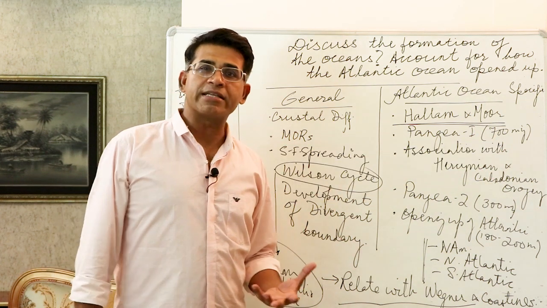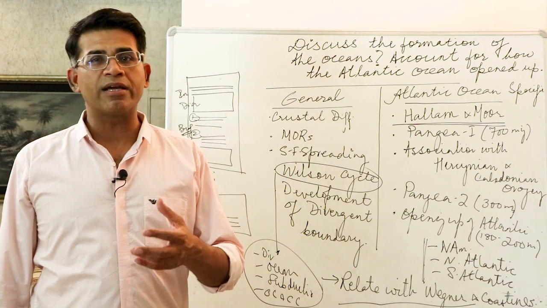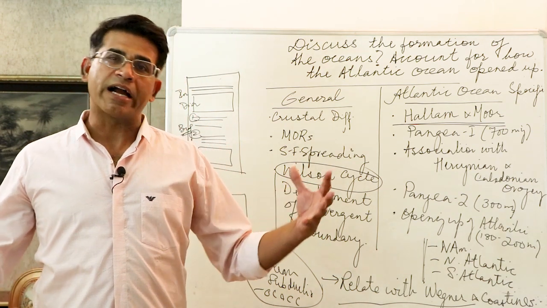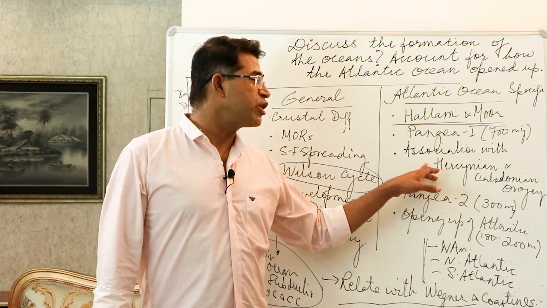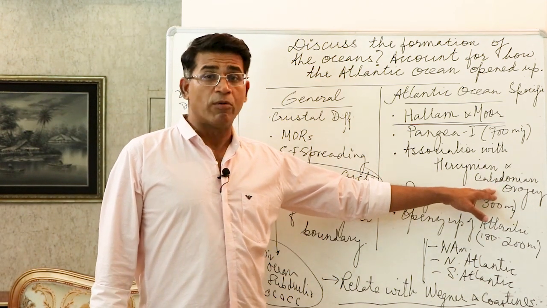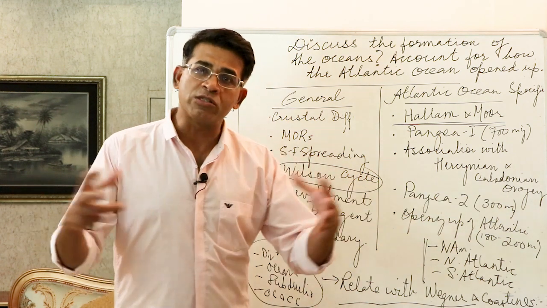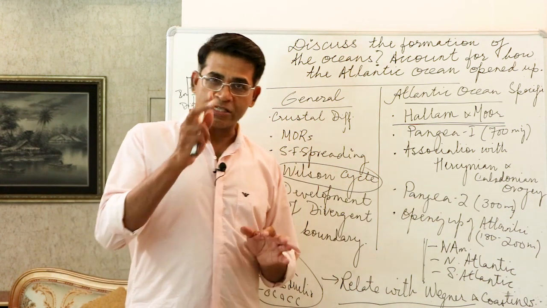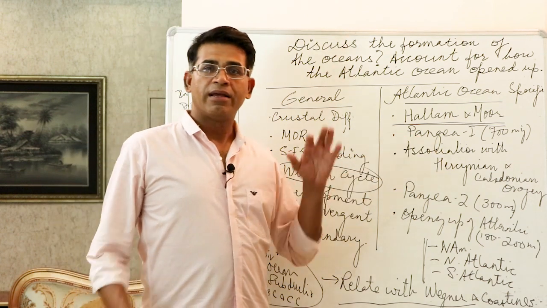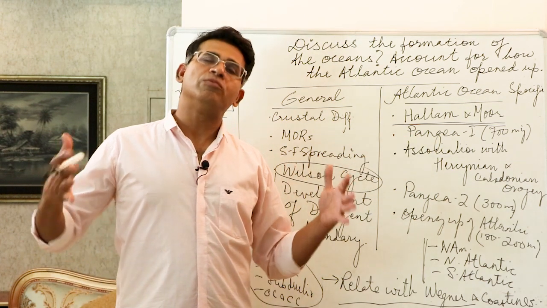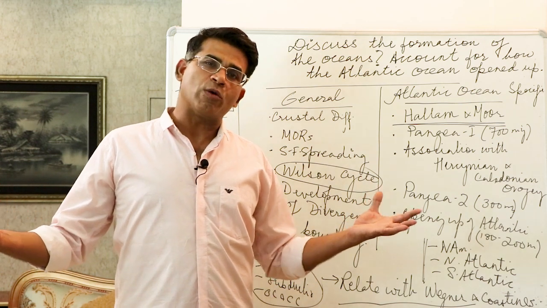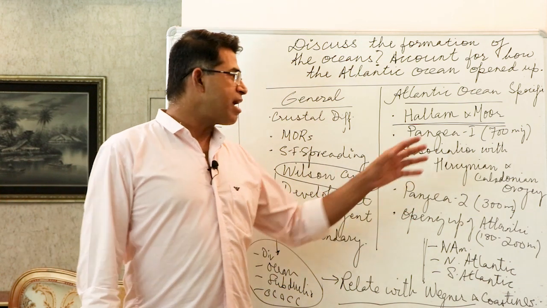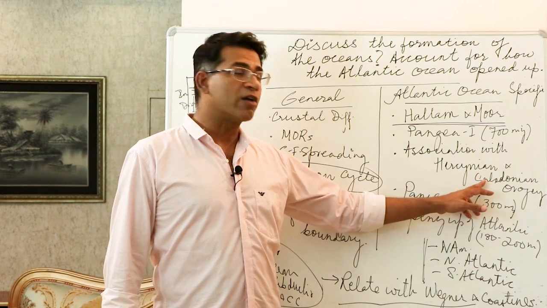Pangaea 1 breaks up in the early Paleozoic into an old Atlantic Ocean, and the continents again collide, forming the Hercynian and Caledonian mountains. The Atlantic Ocean closes with the formation of mountains like the Appalachians.